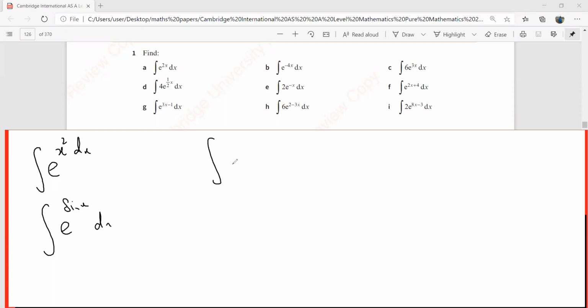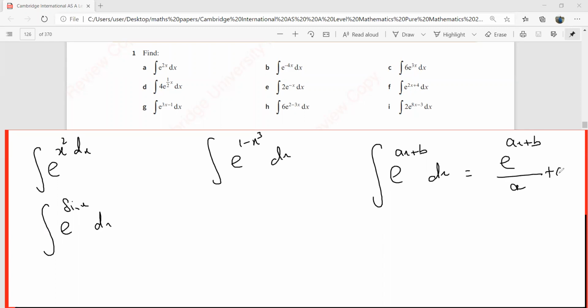You will not be asked to integrate e raised to power 1 minus x cube dx. You will only be asked to integrate the exponential functions where this e has the power ax plus b, that's it. And its integral would be e raised to power ax plus b over a plus c.